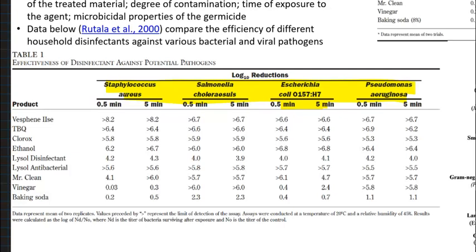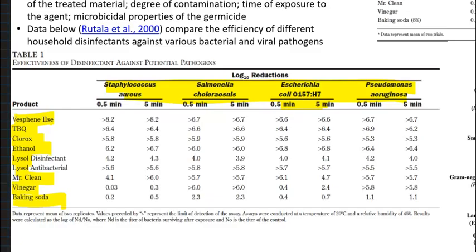So you can see that a lot of stuff that we use, like Vespine, is some kind of a phenolic compound, kind of like Lysol. Clorox doesn't need introduction, ethanol, Lysol, Mr. Clean, vinegar, and then baking soda.